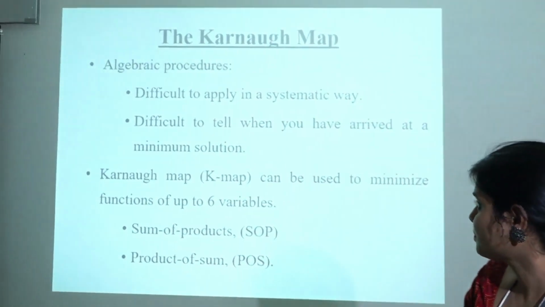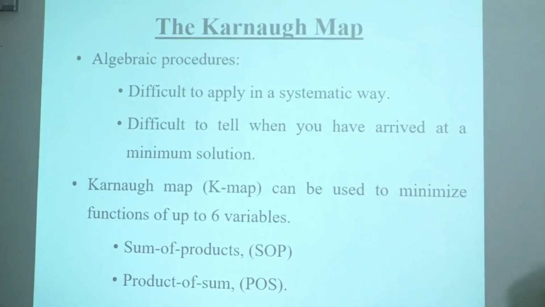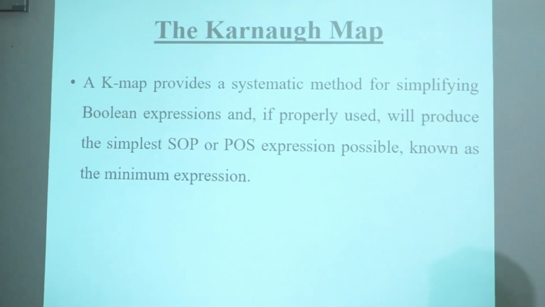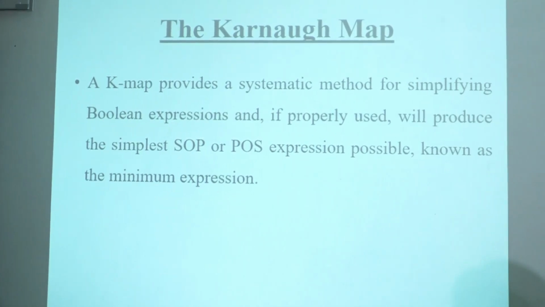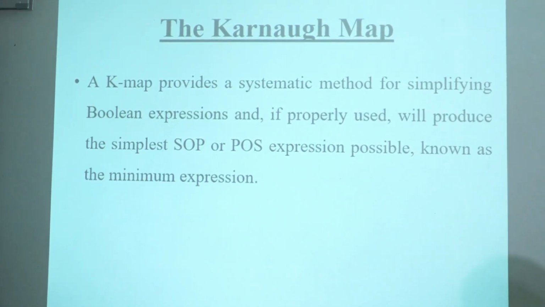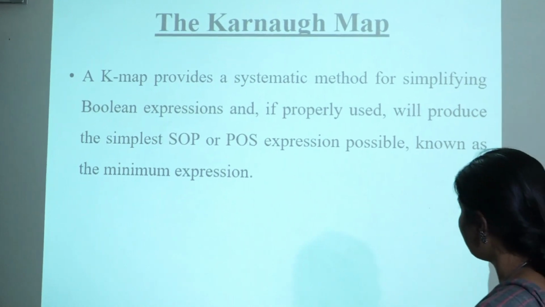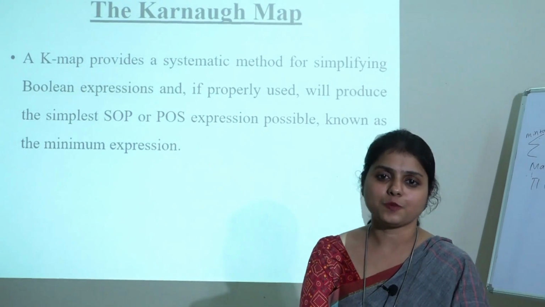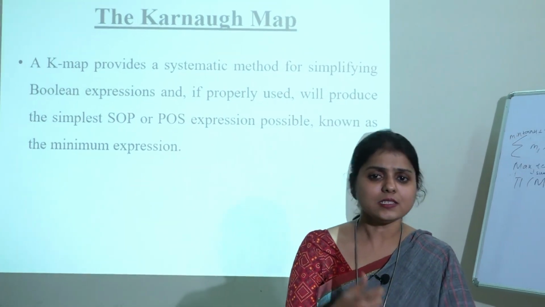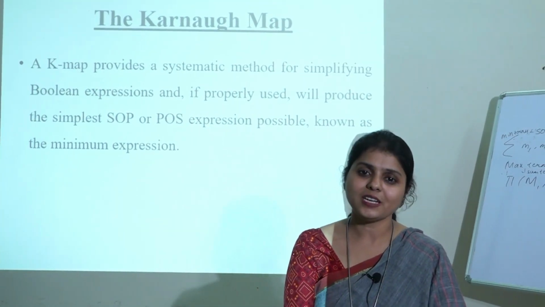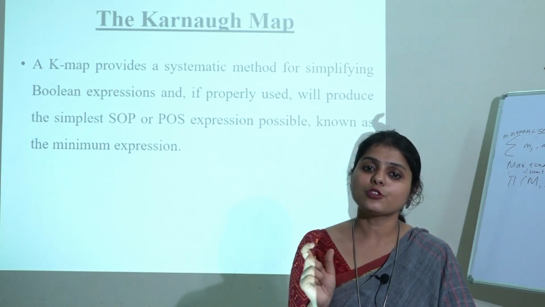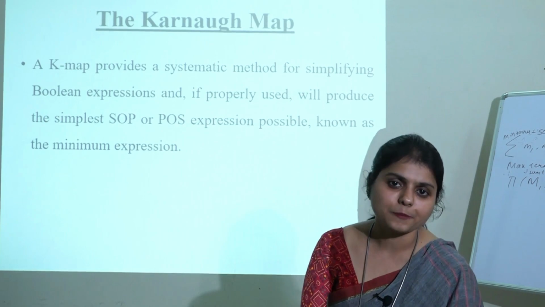Next. Now, what is this K-map method? The Karnaugh-Map method provides a systematic method for simplifying the Boolean expressions. Okay. If properly used, they will give us the simplified POS or SOP expression, such that we will be getting a simple digital logic circuit without the functionality being disturbed.